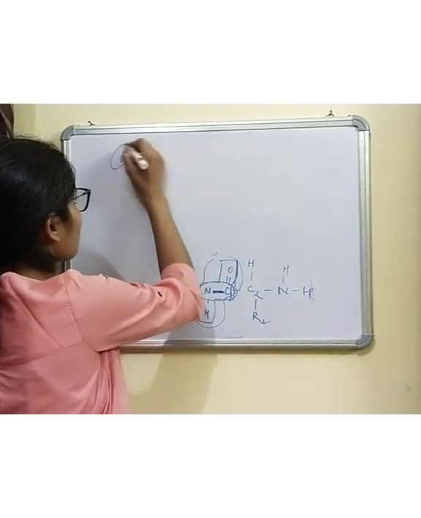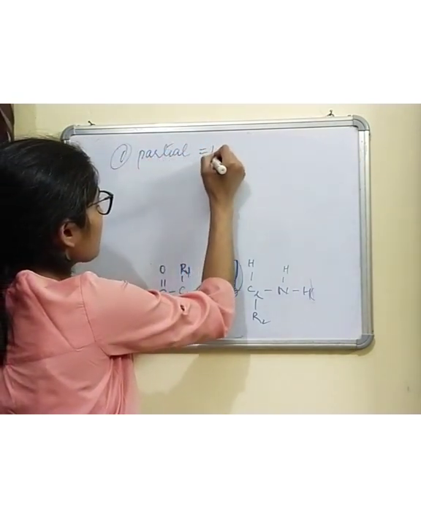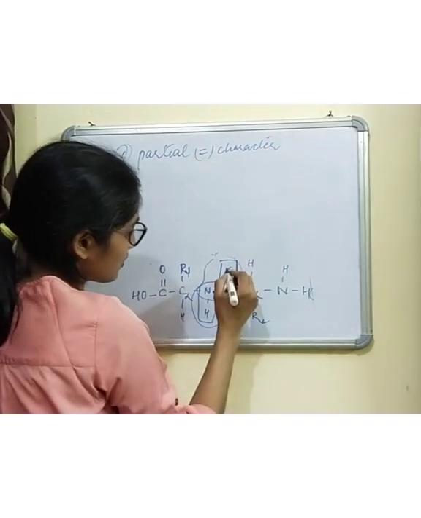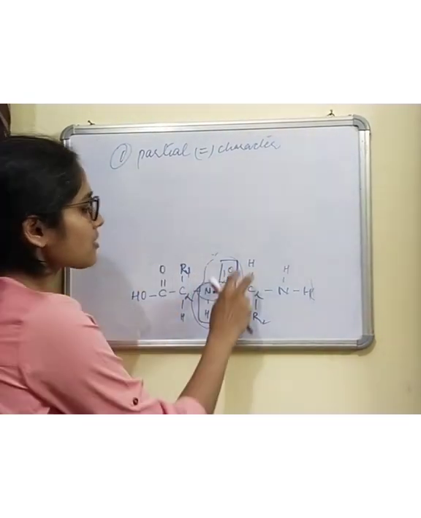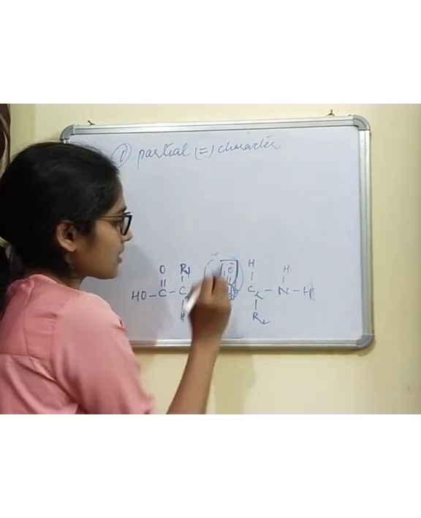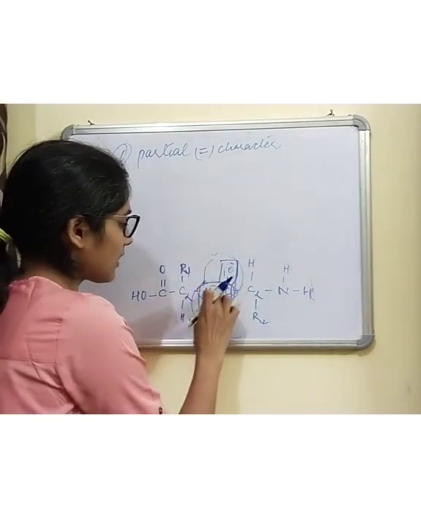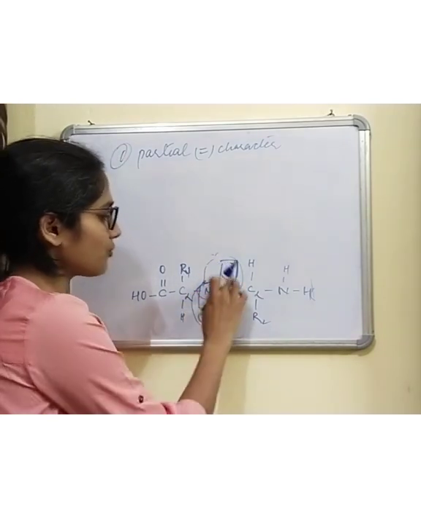So the peptide bond has partial double bond character. And why is this? Because of the resonating electrons, this is partial negative, this is partial positive, and it is not static. The electrons are not static over here.